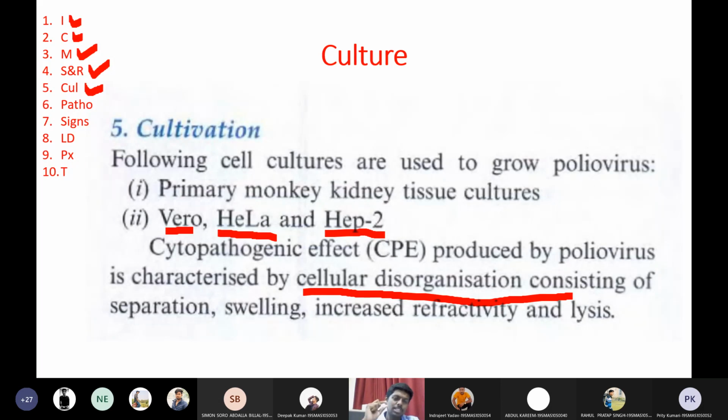And Hep2 are obviously liver cancer cells. So these are various cancer cell lines taken from various organs. For example, HeLa from cervical cancer, Vero from pancreas, Hep2 from liver.